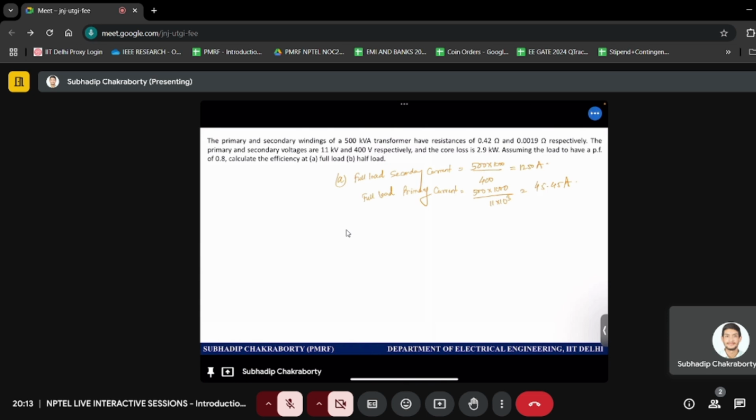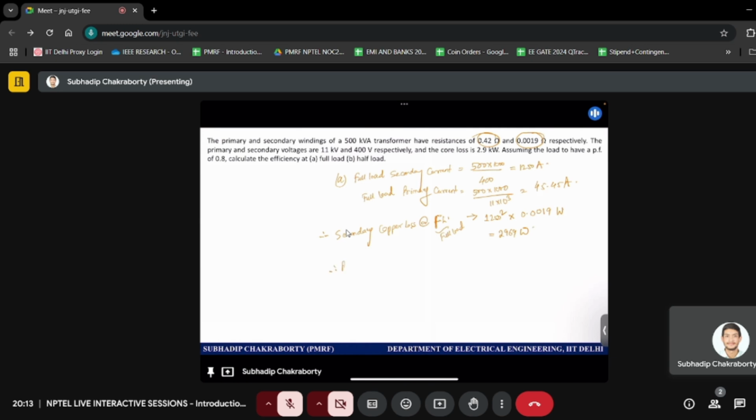So these resistances are already given, right? So let us calculate secondary copper loss at full load, right? How much is it? 1250 square, that is IRMS square into R, 0.0019, this much watts. So this is around 2969 watts.